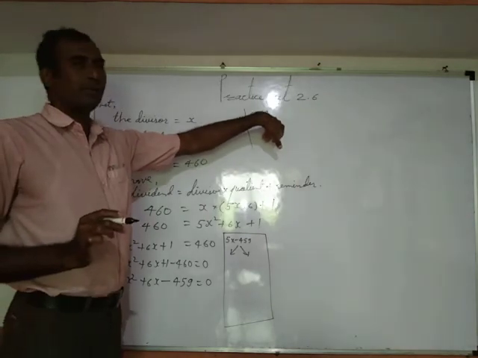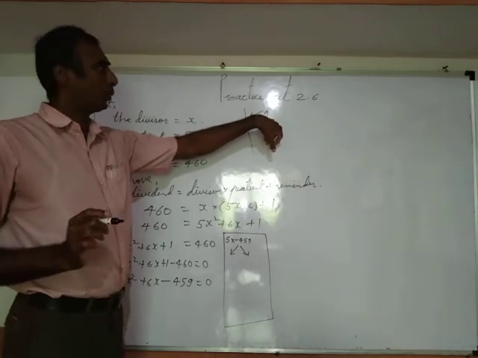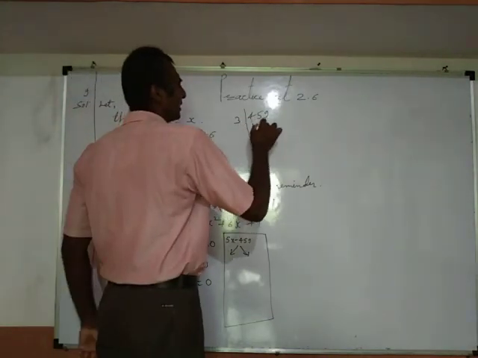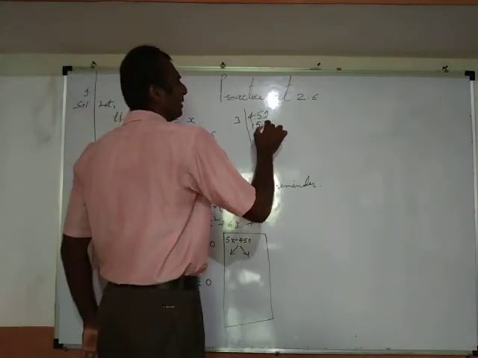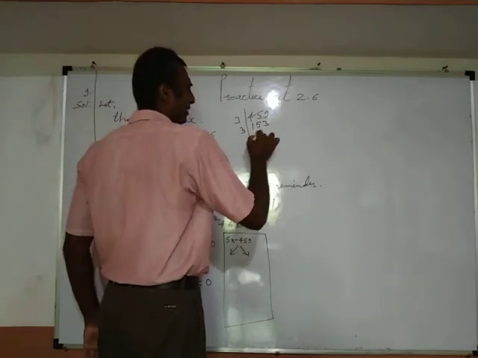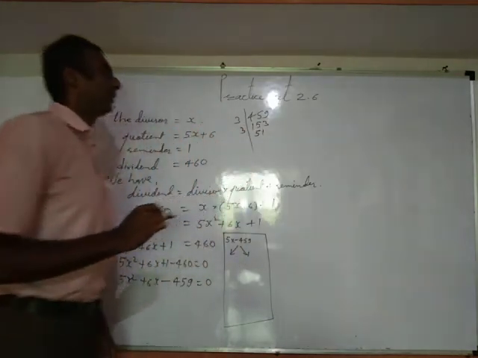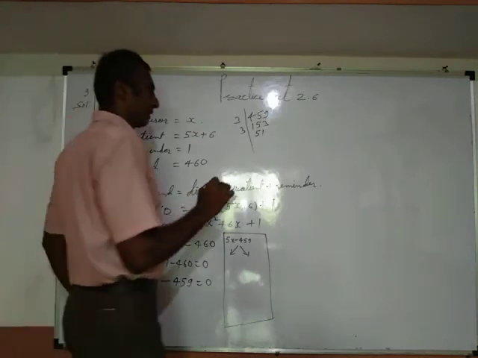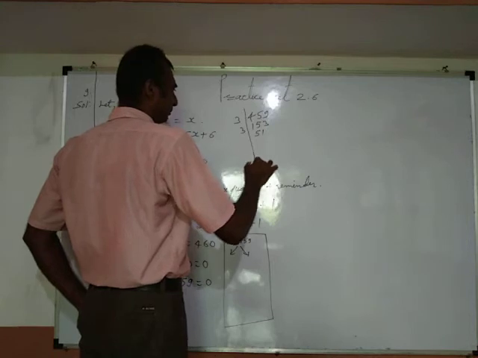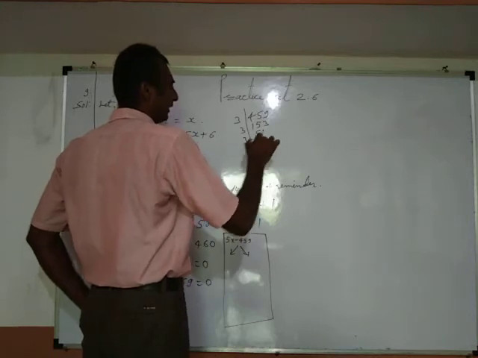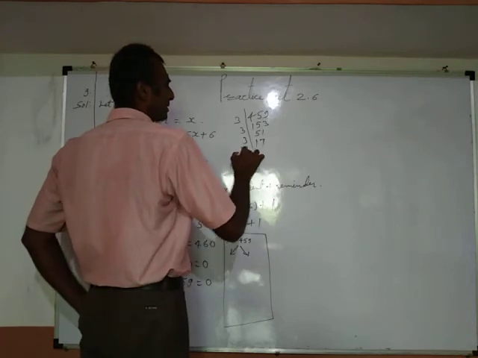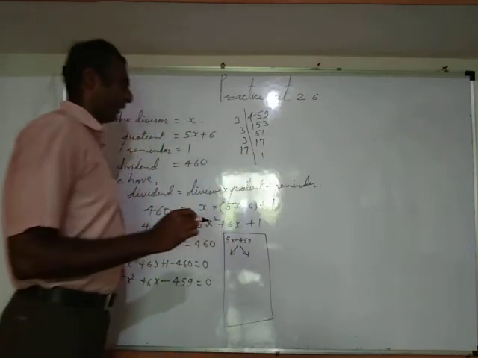As it is an odd number, it is not divisible by 2, it is divisible by 3. Then 3 ones are 3, 3 5s are 15 and 3 3s are 9. Again it is divisible by 3. 3 5s are 15, 3 ones are 3. Again it is divisible by 3. 3 ones are 3, 3 7s are 21. Okay. And then 17 ones are 17.